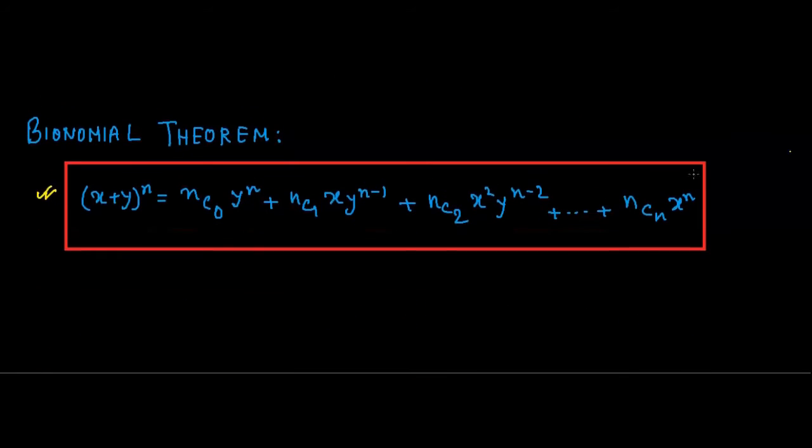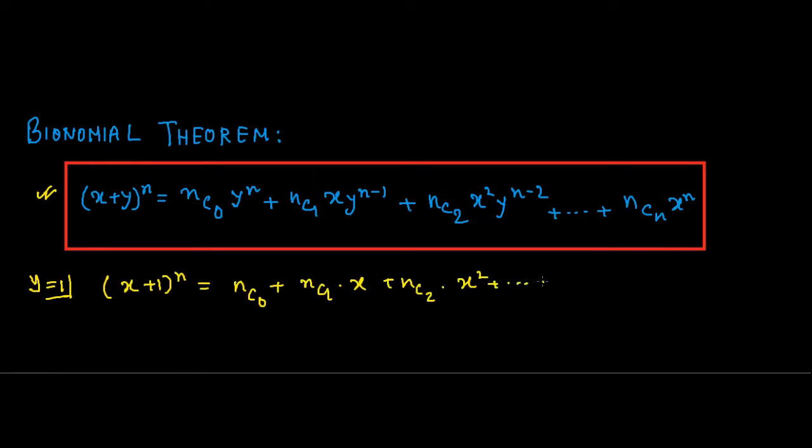Now, a very special case of the binomial theorem is when we put y equals 1. This is very useful when we are dealing with problems which involve the binomial coefficients. So if we put y equals 1, we get (x + 1)^n is the same as nC0 plus nC1 times x plus nC2 times x squared and up to nCn times x to the power n.